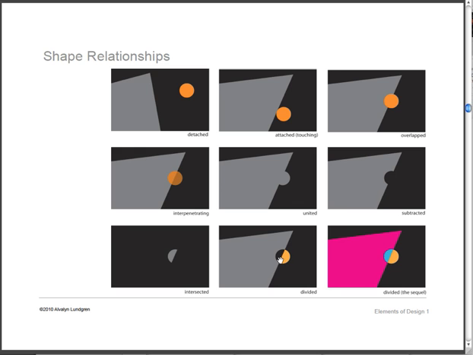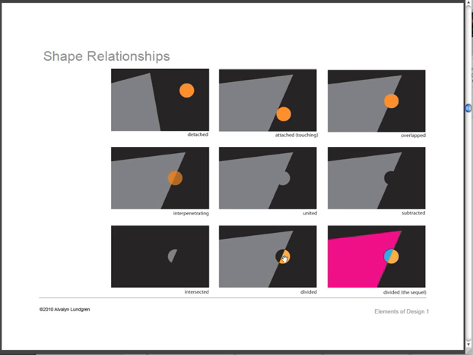Division can happen in a variety of ways. There can be a sense of transparency, let's put it that way. But transparency is a different issue. When you're dealing with transparency, the transparent shape is affected by the color that it sits on top of. So here we have the orange affected by the black, and here we have the orange affected by the gray.